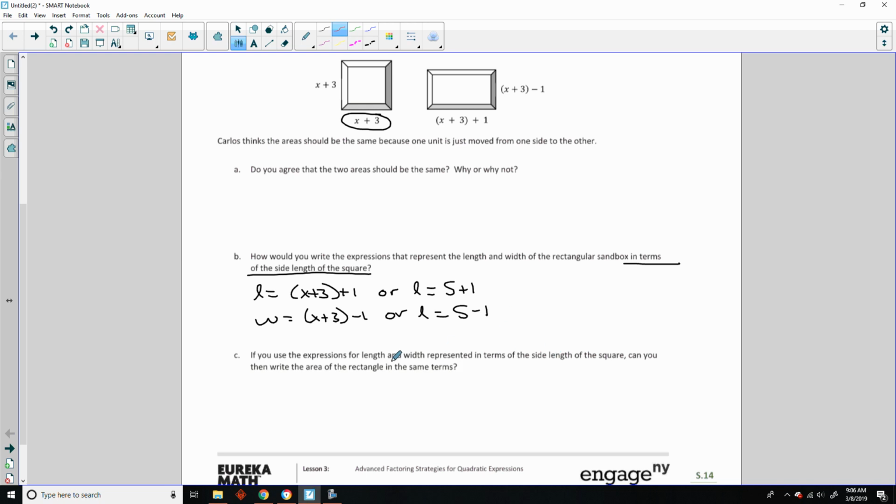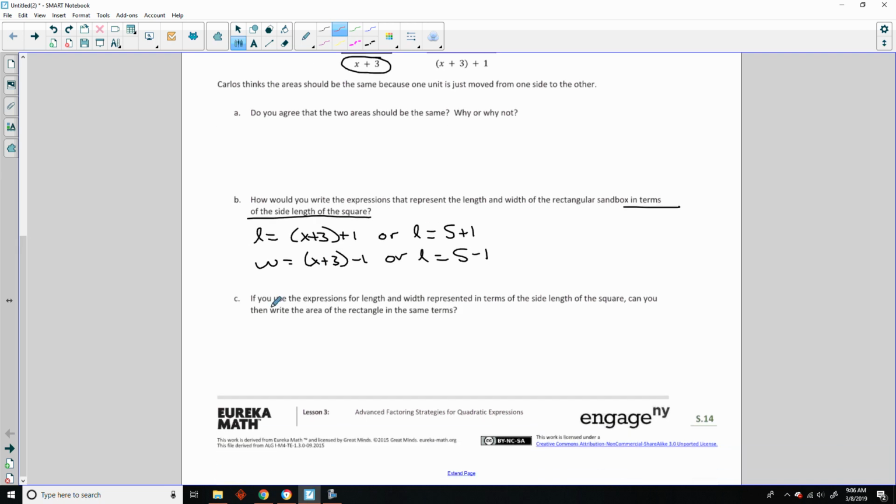Okay, part C. If you use the expressions for length and width represented in terms of the side lengths of the square, can you then write the area of the rectangle in the same terms? Now that we have these, I always ask my students to write a formula. Area equals length times width. So area equals the length, x plus 3 plus 1, times the width, which is x plus 3 minus 1.